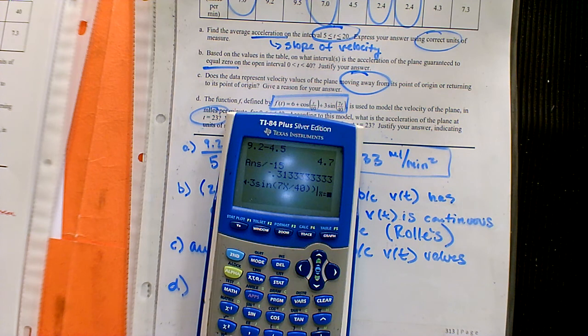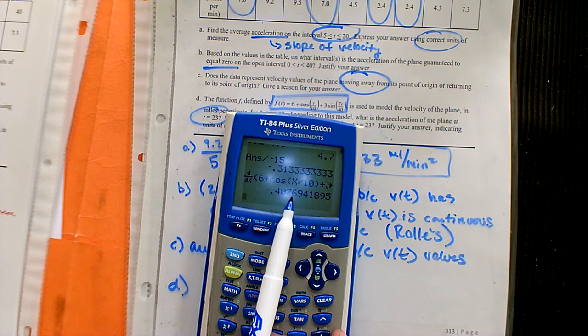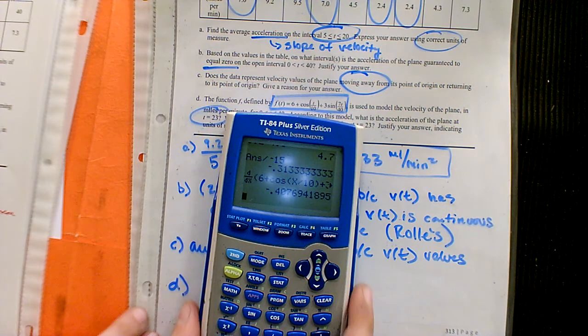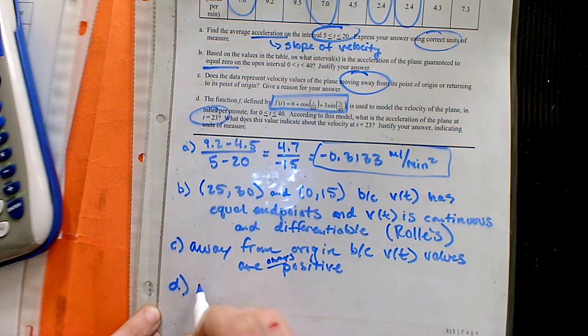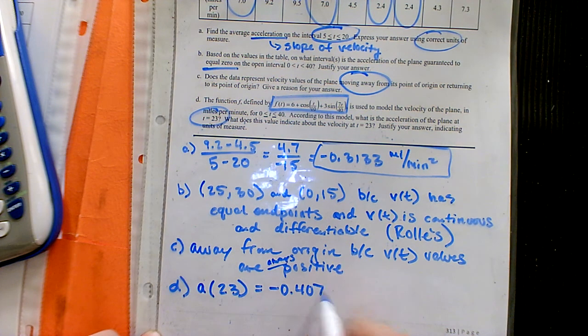We want to plug in 23. All right, chop at 6 or round to 7. Okay, so we'll say acceleration at time 23 is negative 0.407. Chop at 6, round to 7, doesn't matter.